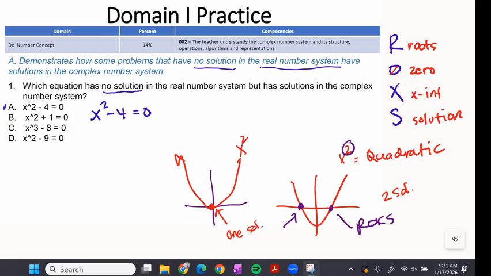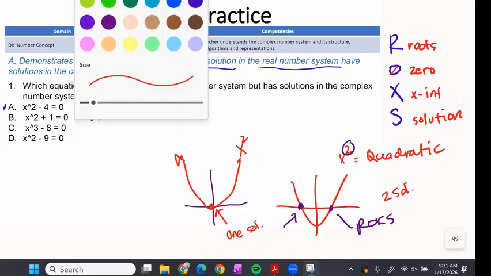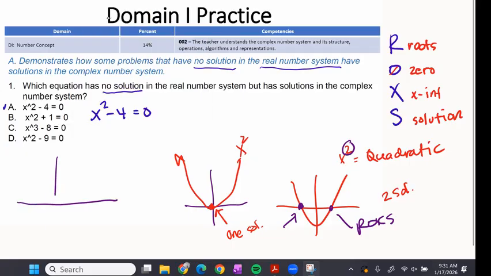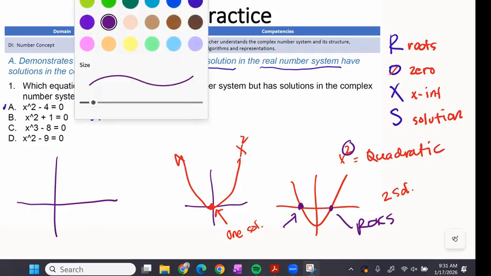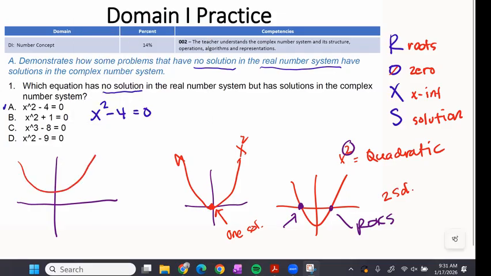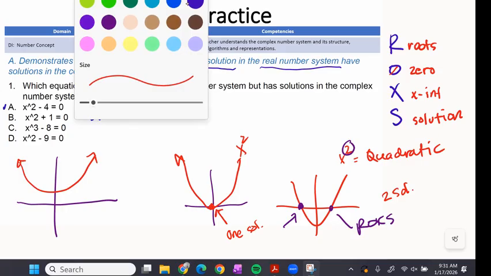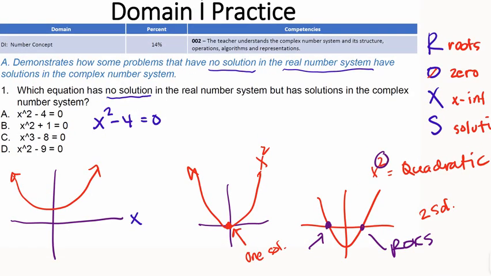And then we call this no solution. Why no solution? Because it doesn't intercept on the x-axis. Remember, I'm doing no. All right, here we go. This is my x-axis.